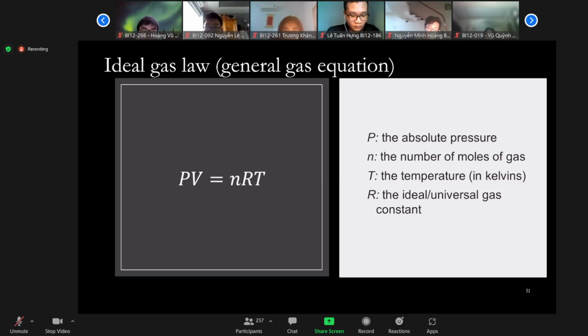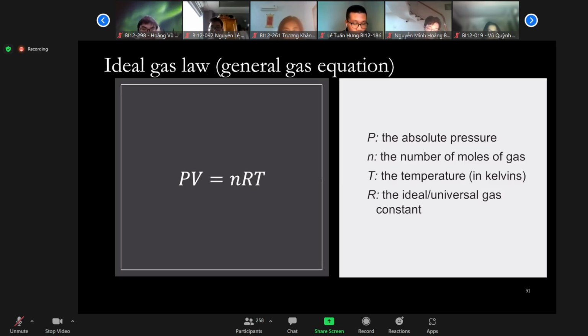So you should convert it. The R here is actually the ideal gas constant, also called the universal gas constant.